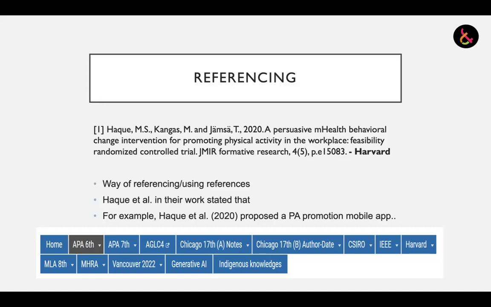If your paper is accepted, then maybe in the second or third round, they will ask you to follow their format.